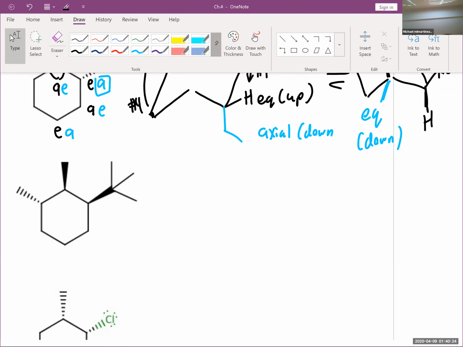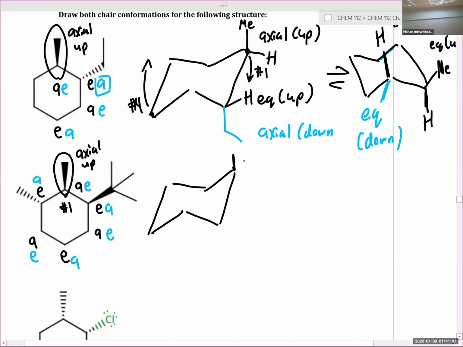So let's now process our first chair conformation. We're going to draw our right-facing cyclohexane ring, and we're going to put the methyl group in the axial up position. Our T-butyl group, remember this group is called a T-butyl group.